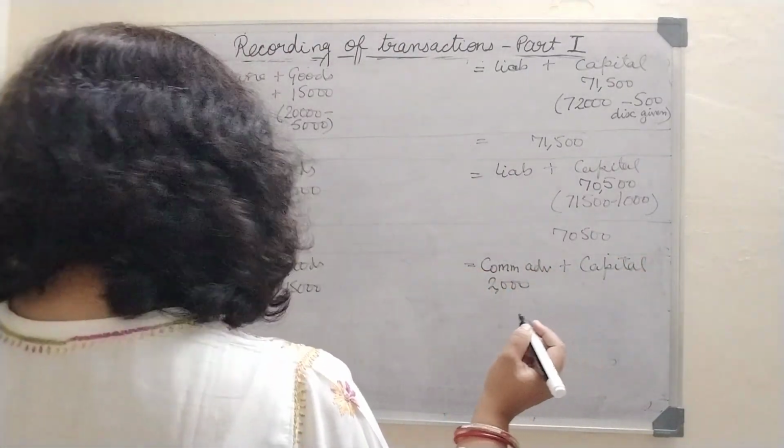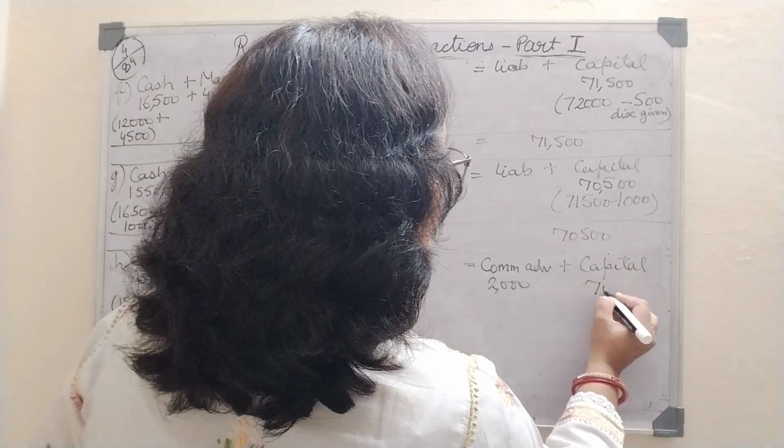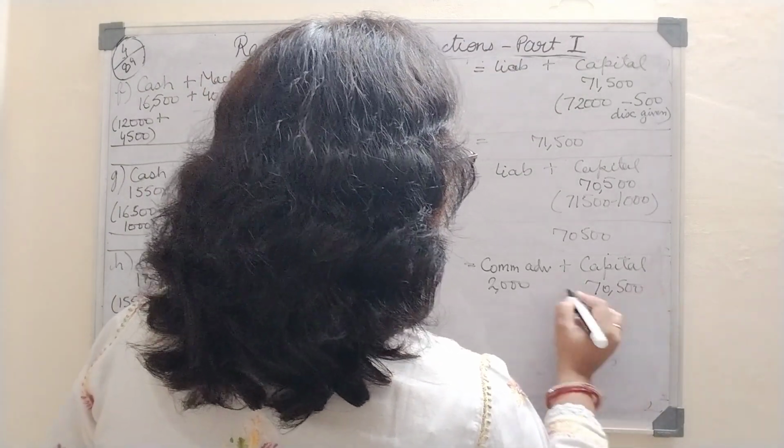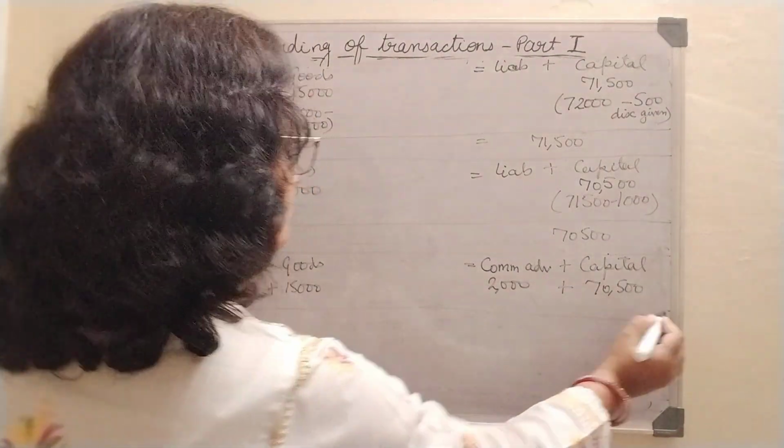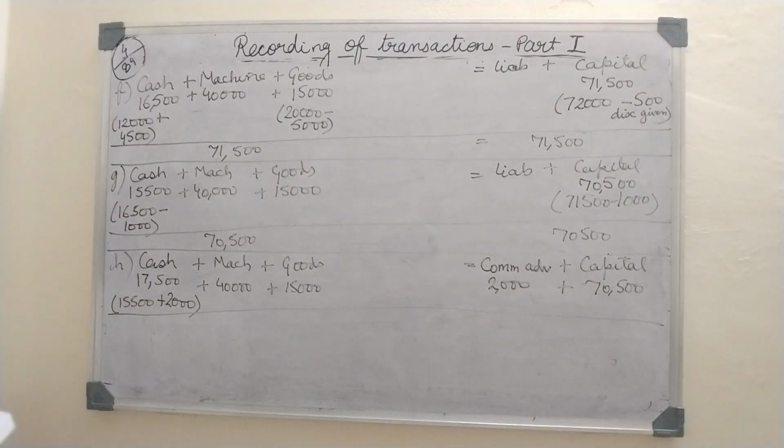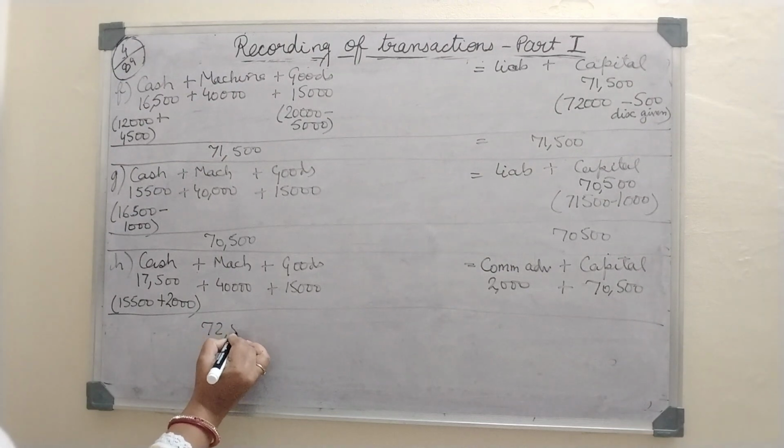So capital is 70,500. That's it. It's not very difficult, quite a simple and easy question. So the total comes to 72,500.